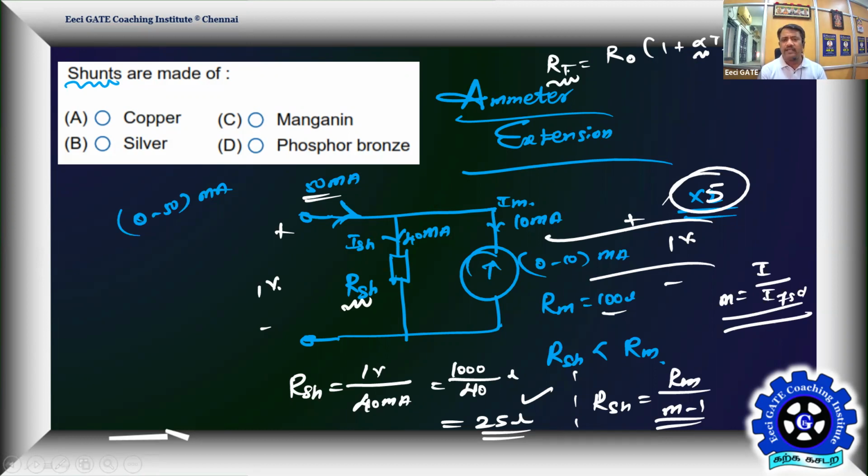By mistake, if the shunt resistance increases, if R shunt increases, what will happen? I shunt will decrease. When I shunt decreases, IM, the meter current, will become more than IFSD, inviting complete damage to the pointer.